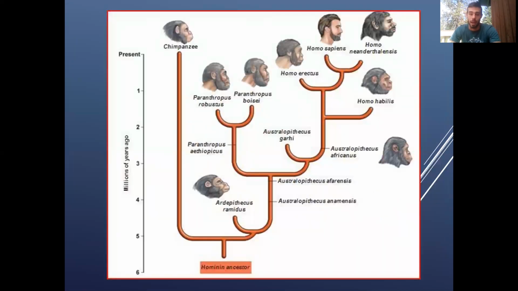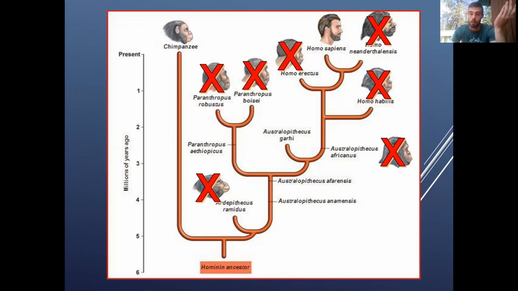This is what evolution actually looks like: a big branching network of species. Over time, some of those species go extinct. At one time, there were as many as 5 different species of humans roaming the planet, but slowly they all went extinct.